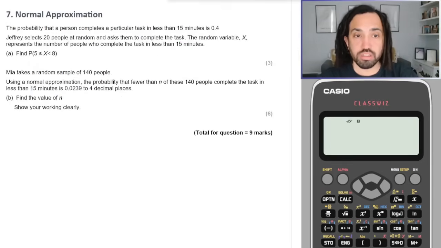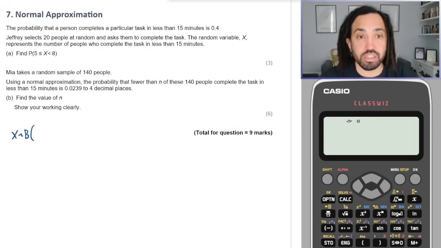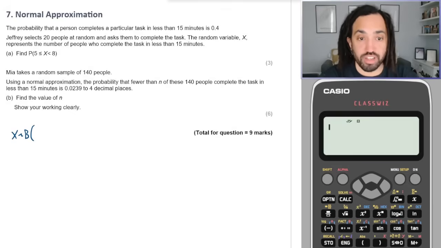Okay, question 7, and we've got the probability that a person completes a particular task in less than 15 minutes is 0.4. So this looks like a binomial because you either complete it or you don't. So I'm going to write that x is binomially distributed, and in this particular event, we've got 20 people, and the chance of success is 0.4.